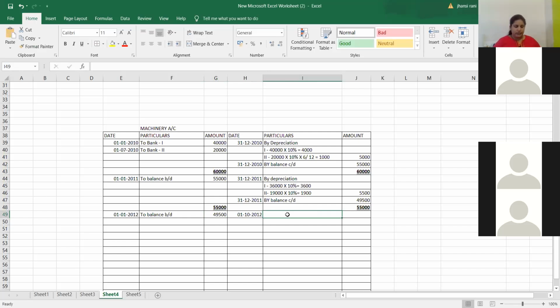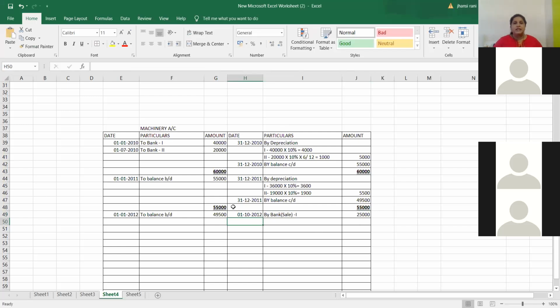So I am writing on the credit side of the machinery account because this is sold on 1st October 2012. I write by bank, and in the brackets I write sale of which machine? For my understanding, I am writing first machine. And I'm selling this machine for 25,000.